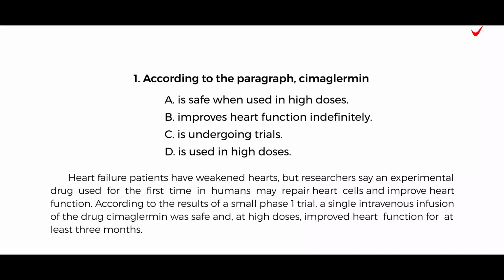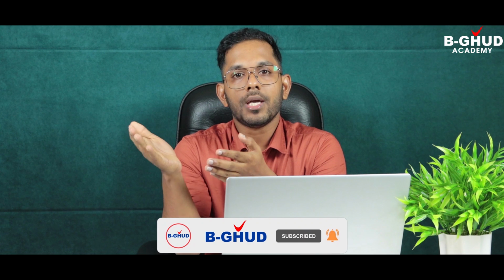Let's move through option D now. Option D says, according to the paragraph, semaglutide is used in high doses. Again, it's kind of similar to the first one. Is used in high doses? Who told you that? Is there any such information? They simply say at high doses, it's going to help the heart function in a better manner for at least 3 months.